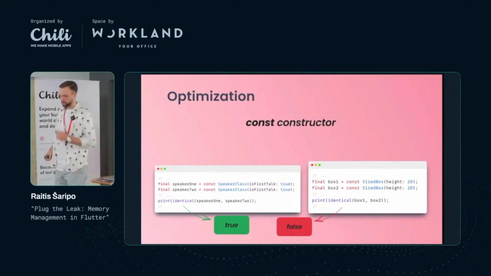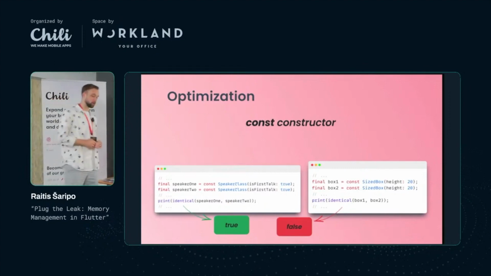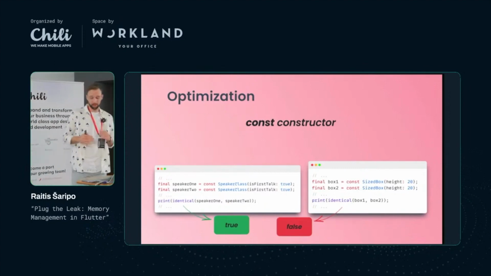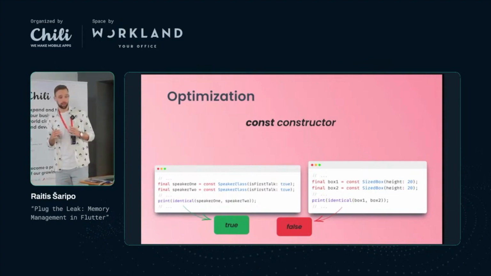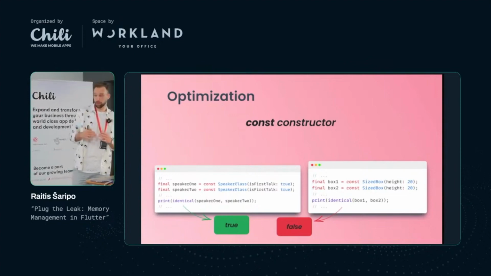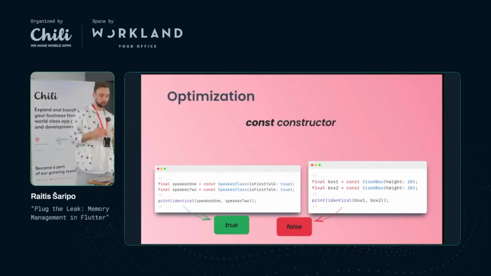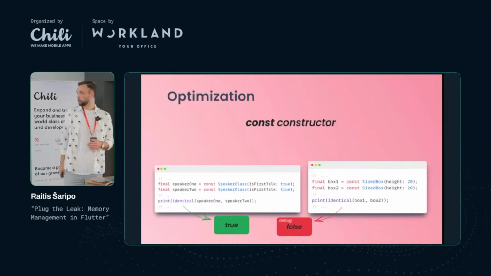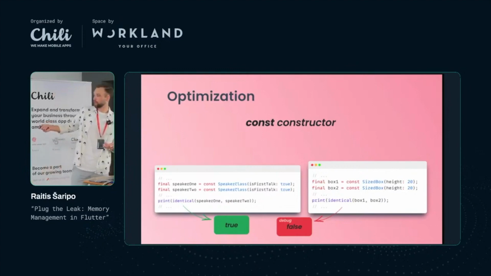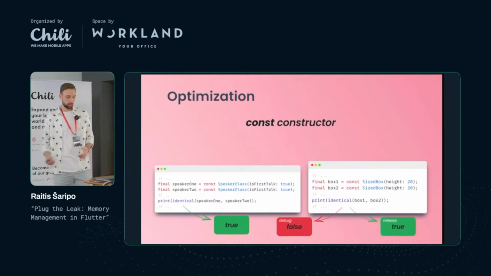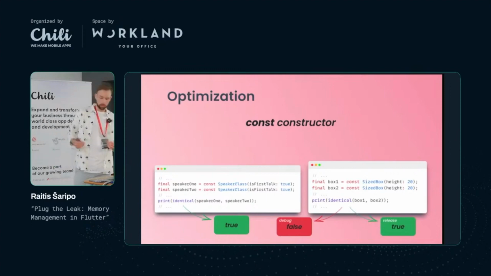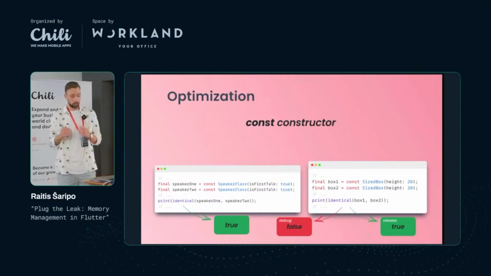So the thing is that in debug mode, the const canonicalization happens differently than it does in release mode. And this is because of the added support for debugging tools in debug mode. So in release mode, it will actually return true. Release mode, I said that, yeah. So it will actually return true.